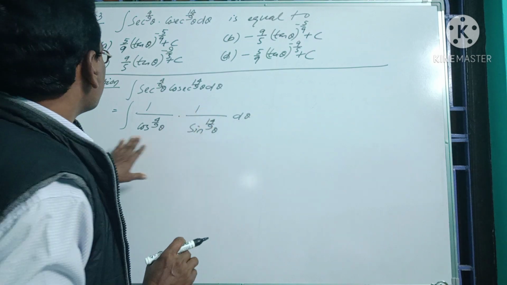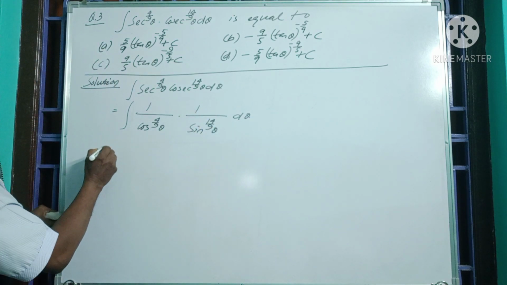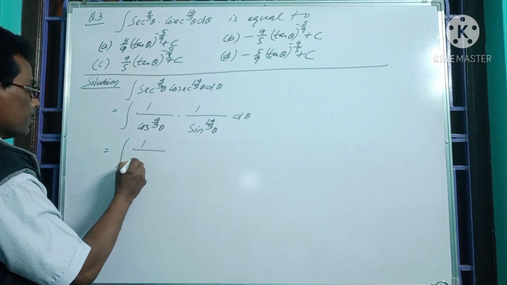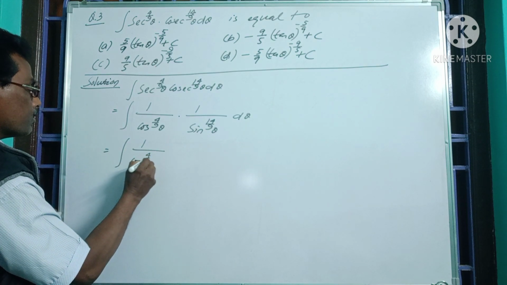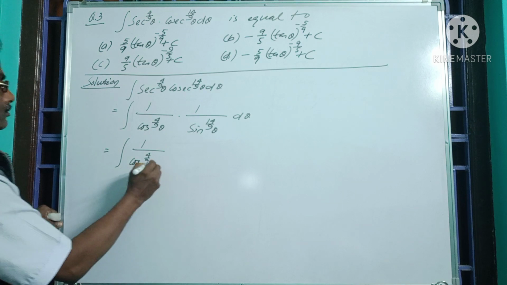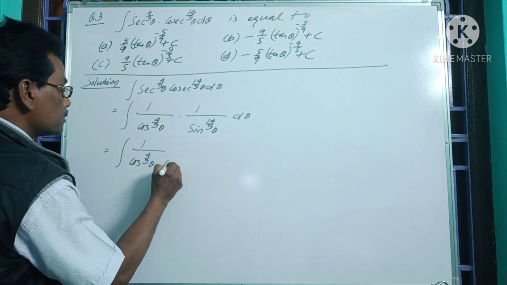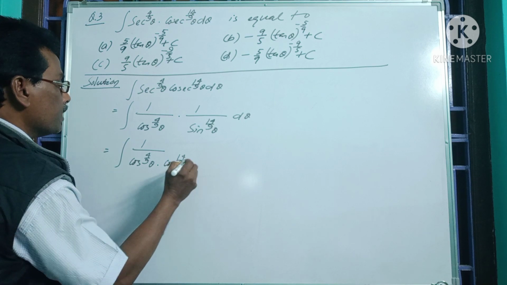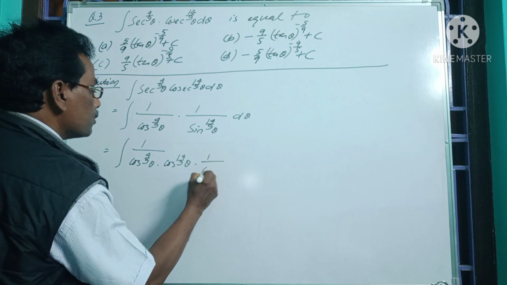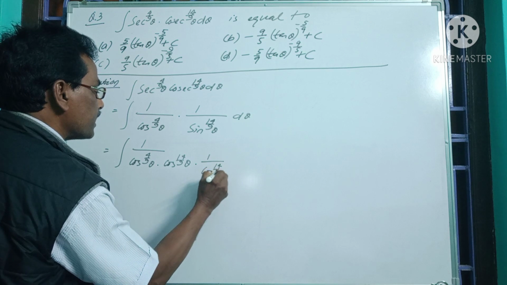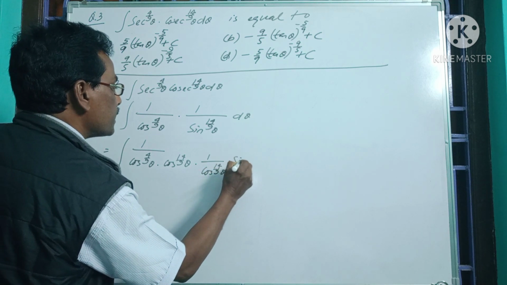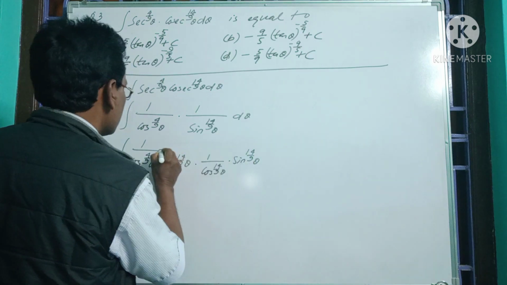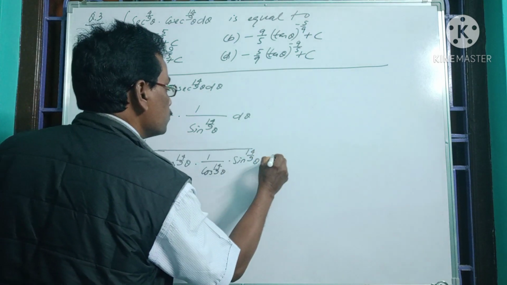Transforming, we got this. Then let us make an adjustment for integration. So we have the integration of 1 by cos to the power 4 by 9 theta into cos to the power 14 by 9 theta into 1 by cos to the power 14 by 9 theta into sin to the power 14 by 9 theta, whole integration with respect to theta.